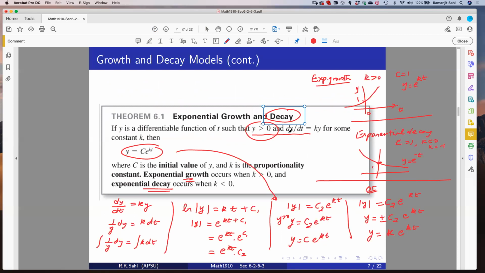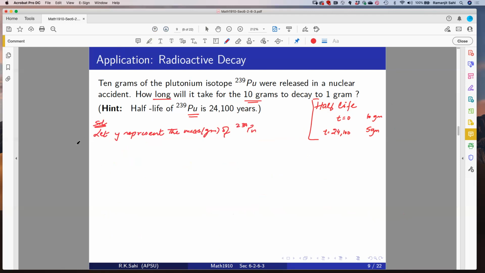The rate of decay is proportional to the value of Y, where Y is the mass. So the differential equation is dy by dt equals k times Y.